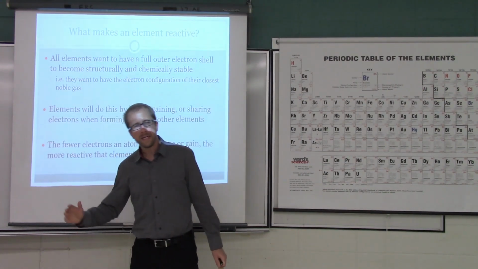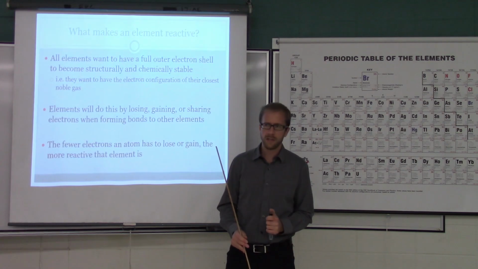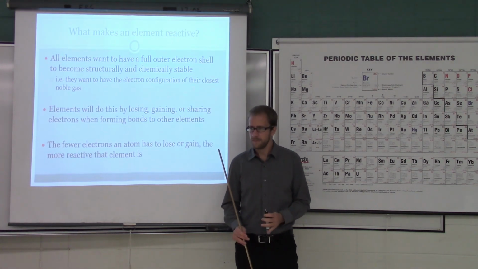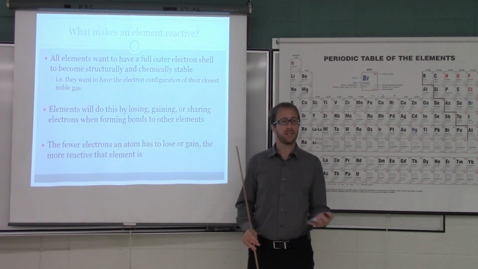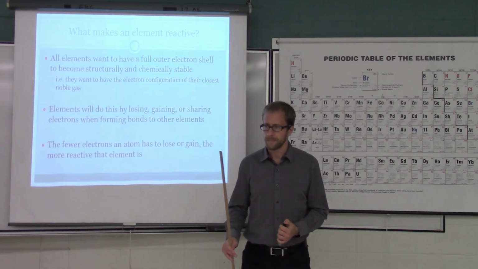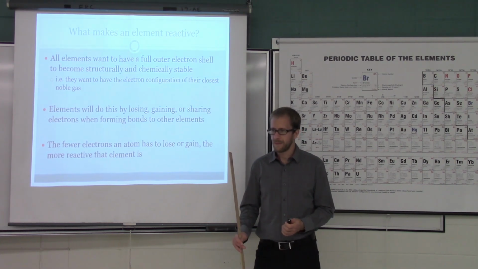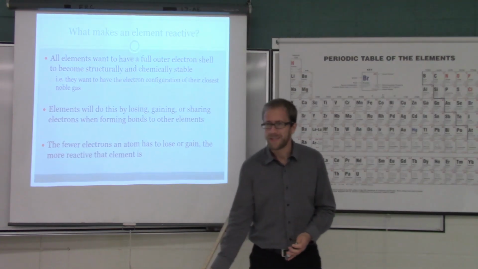So what does it need to do to look like its nearest noble gas? It needs to have a complete outer shell. How's it going to do that? For example, sodium would bond with chlorine to complete its outer shell.